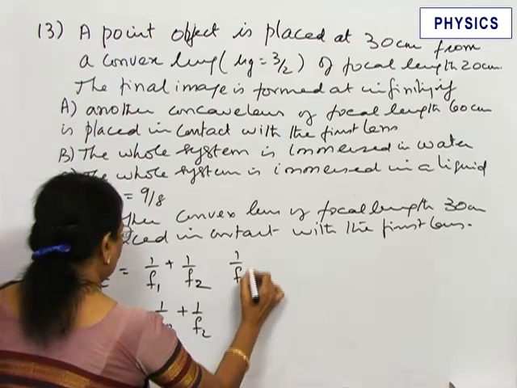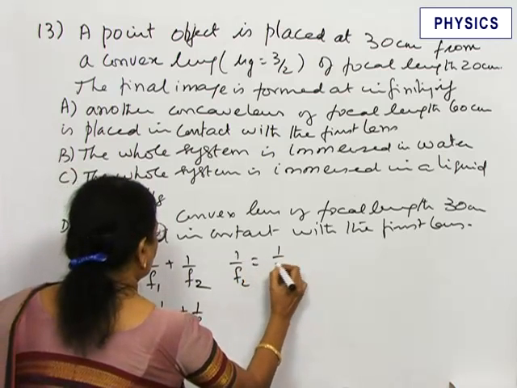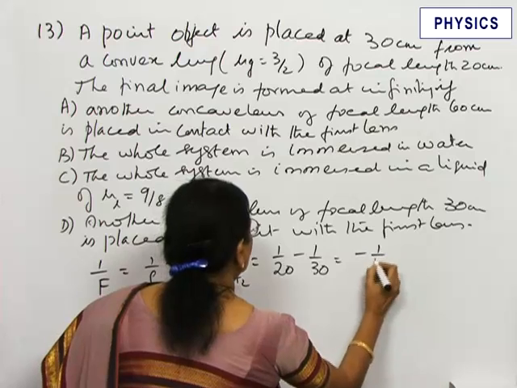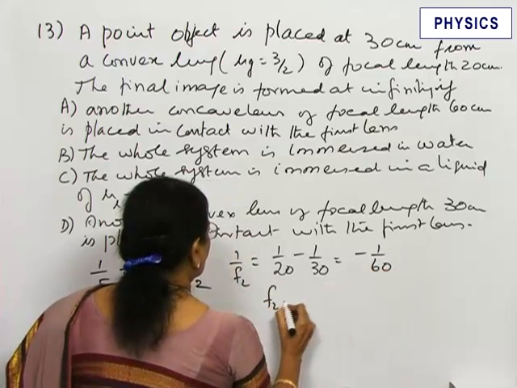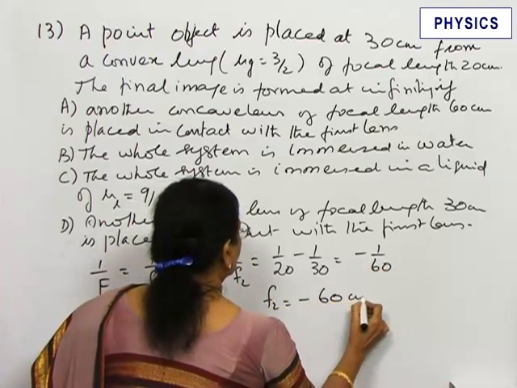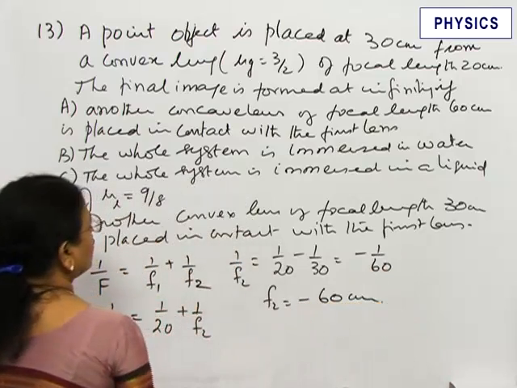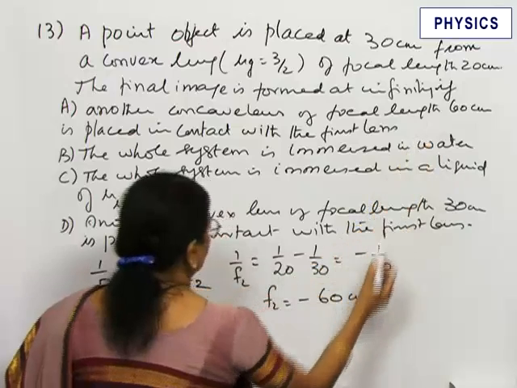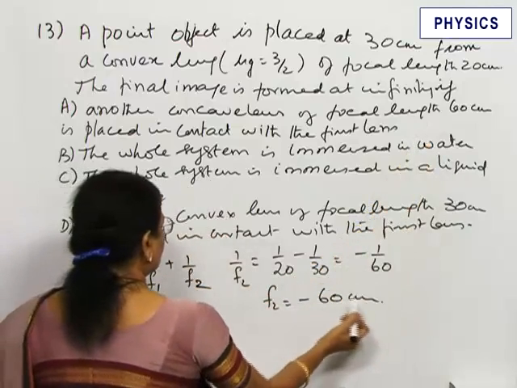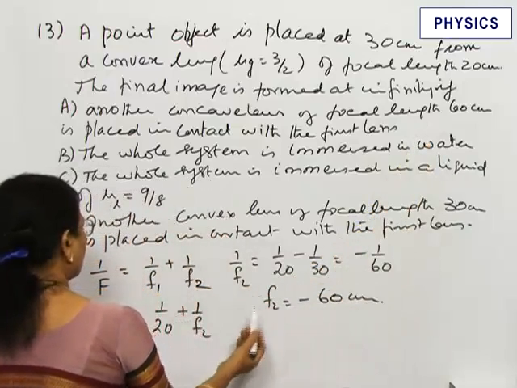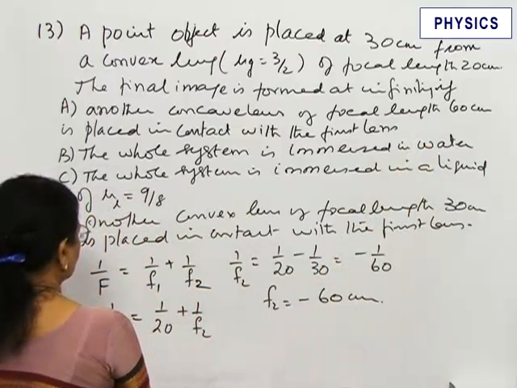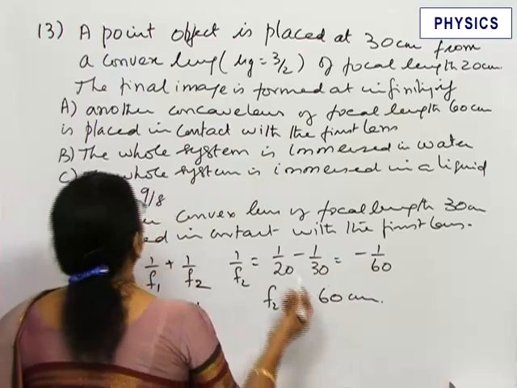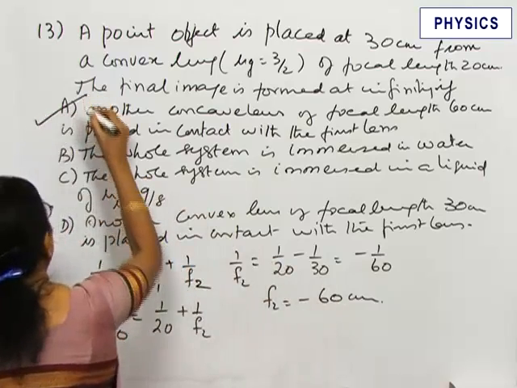So 1 by f2 is equal to 1 by 30 minus 1 by 20, equal to minus 1 by 60, or f2 is equal to minus 60 centimeter. Minus sign indicates concave lens. So a concave lens of focal length 60. If you use a concave lens of focal length 60, we can make the combined focal length 30, which is the position of the object. Then the image will be formed at infinity. So A is correct.